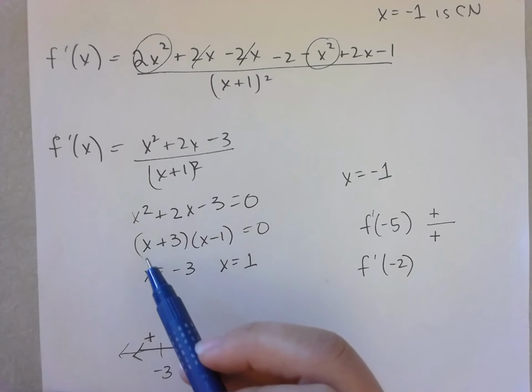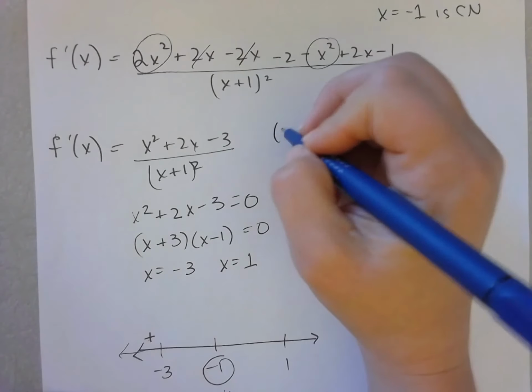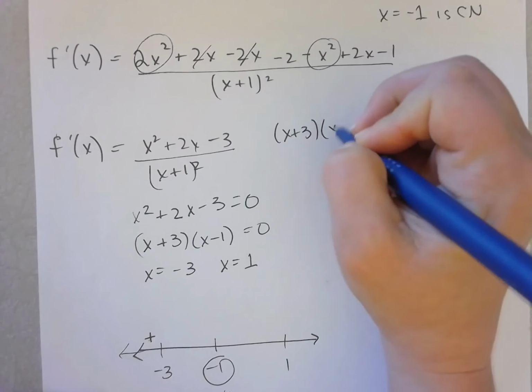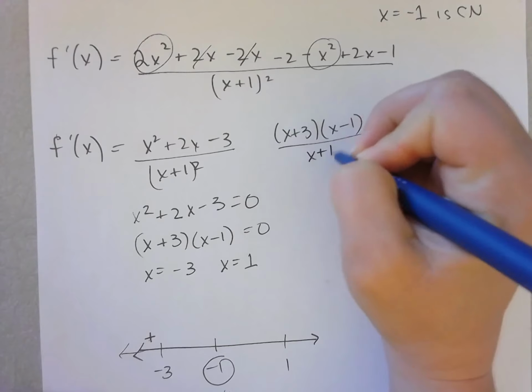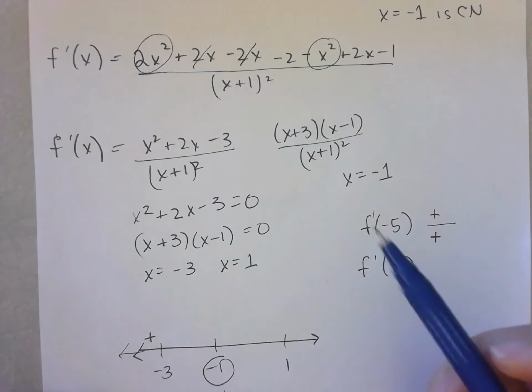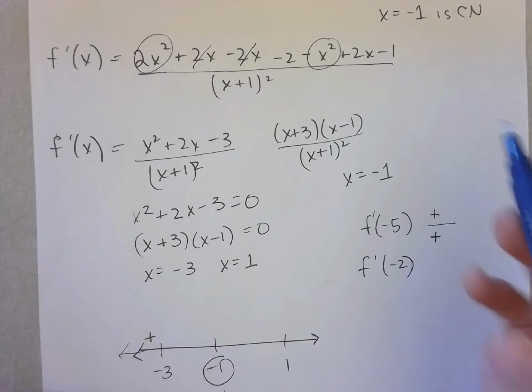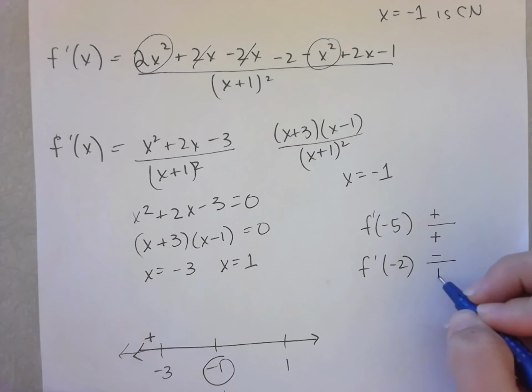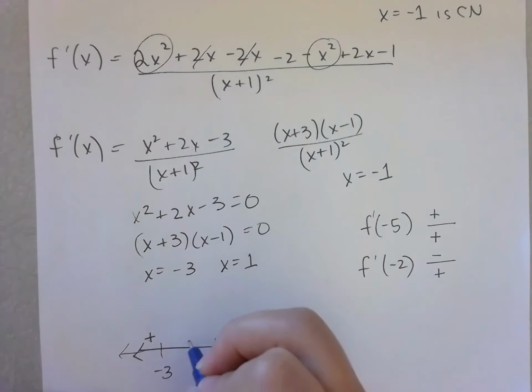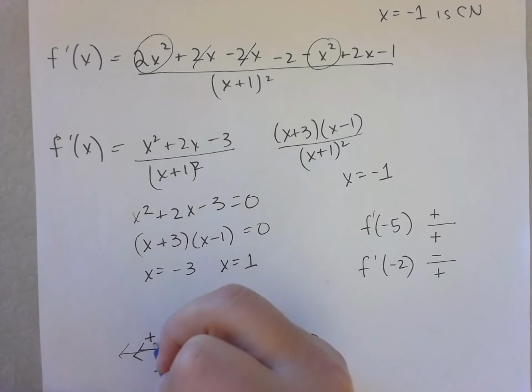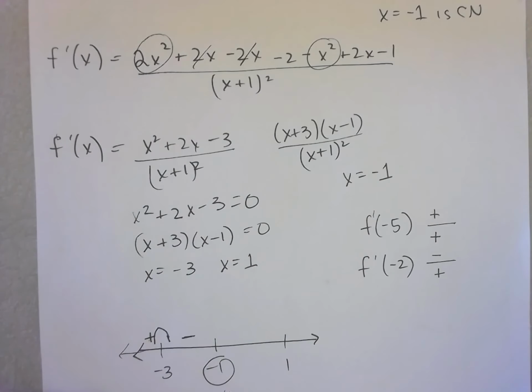If I plug in -2, I'm using this factored version, all over (x plus 1) squared. When I plug in -2, I will get a positive number here, a negative number here, immediately it's negative overall, and positive on the bottom. So this is negative in this interval. That makes my -3 here a maximum point.